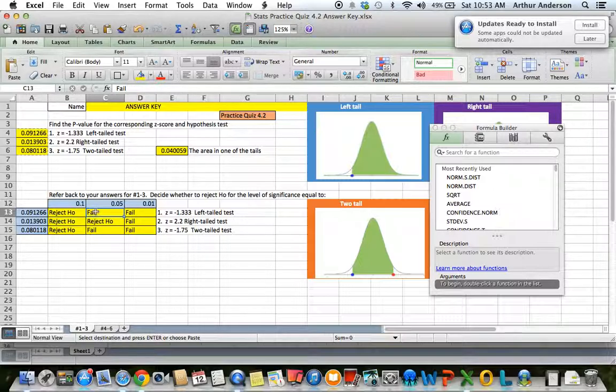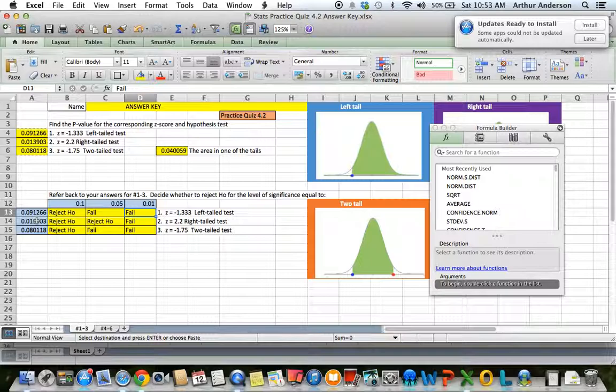Anytime the p-value is not less than the value for alpha, we fail to reject. So when the value for alpha is 5% and the p-value is 9%, we fail to reject, and the same for 1%.